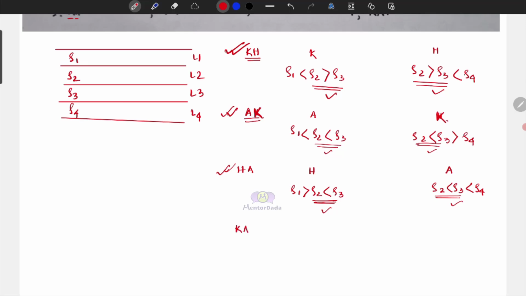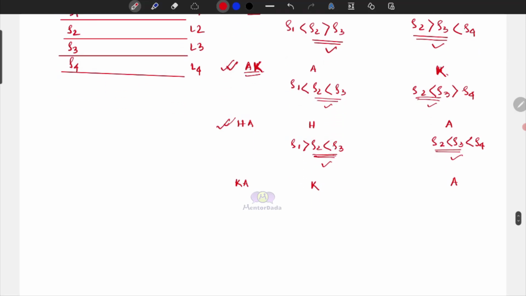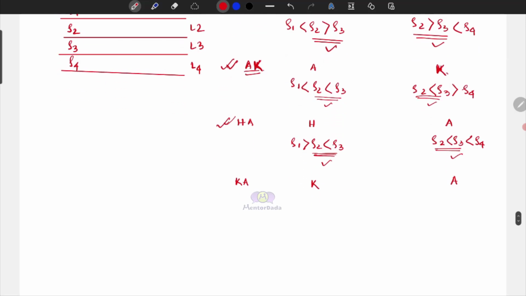Okay, and now come to the last option, which is KA. Again there are two parts, one is K and another is A. So for K the situation will be rho 1 less than rho 2, rho 2 greater than rho 3. Okay, and for the A type of graph, rho 2 is less than rho 3 is less than rho 4. So the relation between rho 2 and rho 3 for K and for A are not the same.